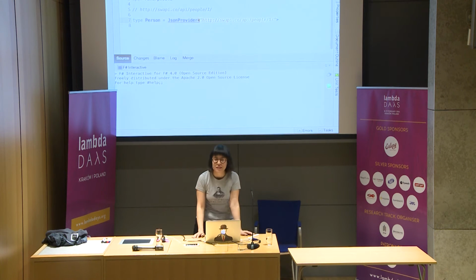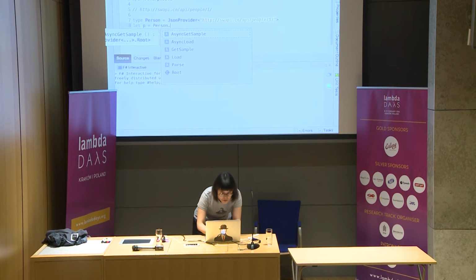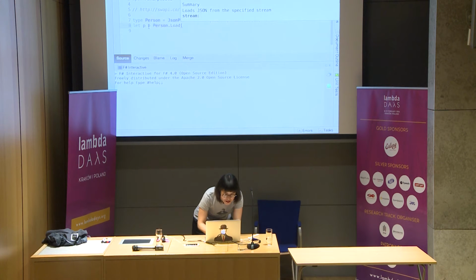So I just copied in the example request, and now all I can do is just create a variable called p, which will load the website. And let's create a function out of that. Let's create a function getPerson.